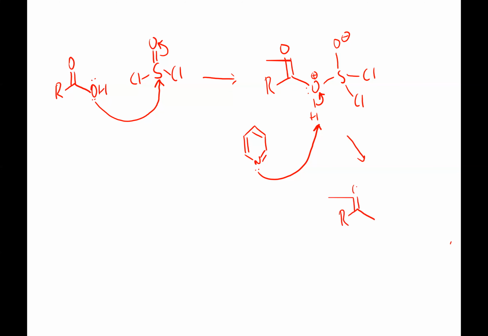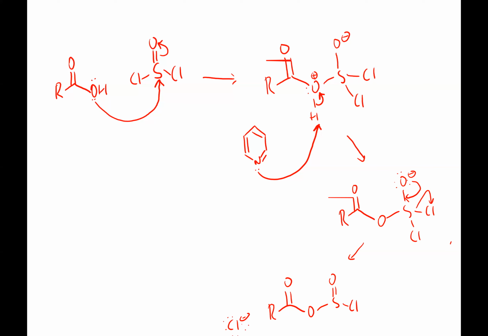We've got this intermediate here. We reform the oxygen sulfur double bond and kick out a chloride. And now we're set up where we've got that chloride around, so it can act as a good nucleophile here. We've also got a good leaving group.